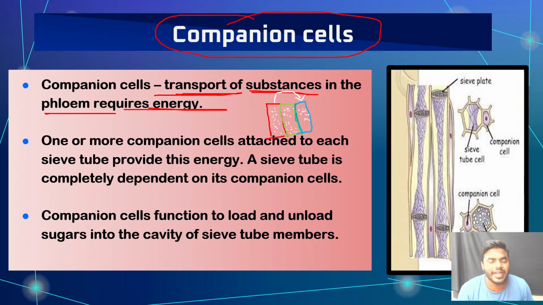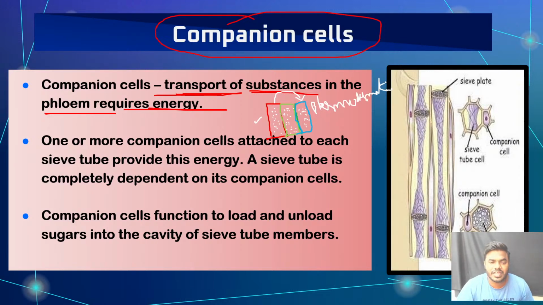Now you will get one question. What is that question? How is this particular companion cell associated with the mesophyll, and how can the companion cell be associated with the sieve tube element also? Because, friends, it is linking both, right? I want you people to remember, it is just with the help of plasmodesmata.